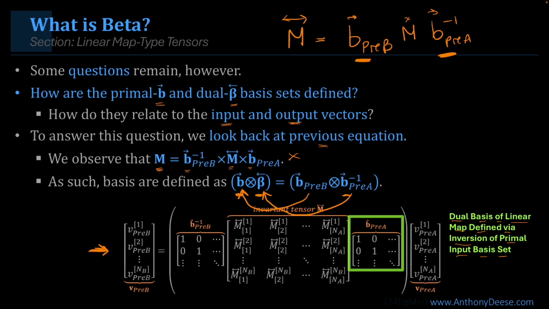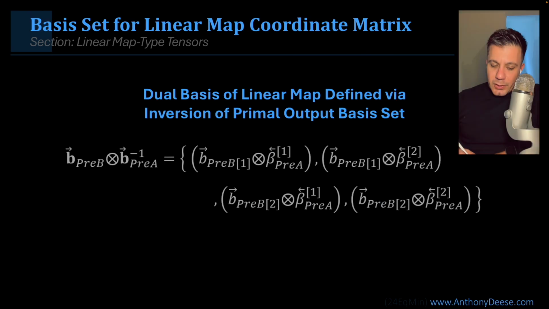So we create a map, a linear map, which is designed to bridge the gap between these two, this primal space A and primal space B. And as such, it has to use the same basis as primal space A and primal space B. Those two are inherently linked. And so the basis set for the linear map coordinate matrix, or we could just call it the basis set for the linear map, is defined as shown right here.